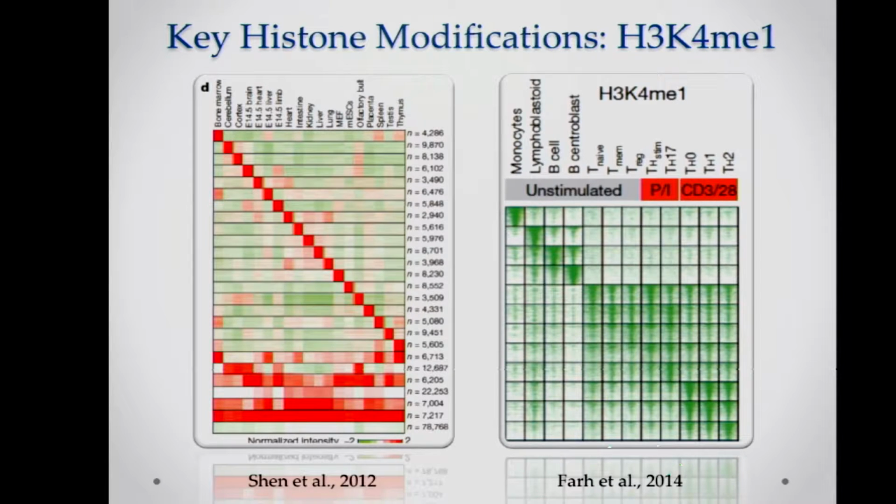And then shown over here on the right is a paper from Brad Bernstein and others, where they looked at different blood cell types, so monocytes, lymphoblastoids, naive, memory, regulatory T cells, Th1, Th2 T cells.